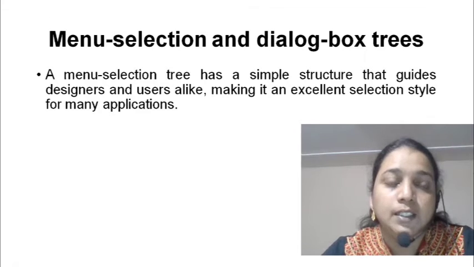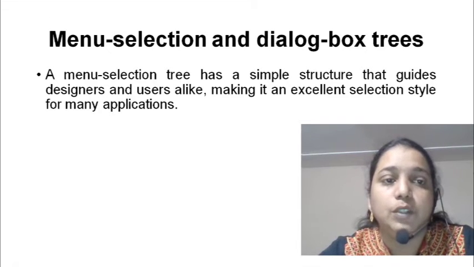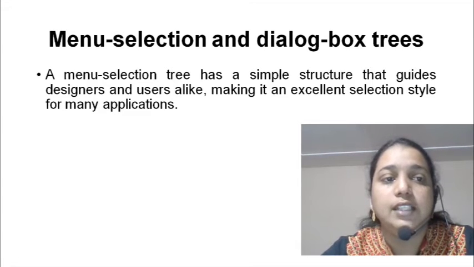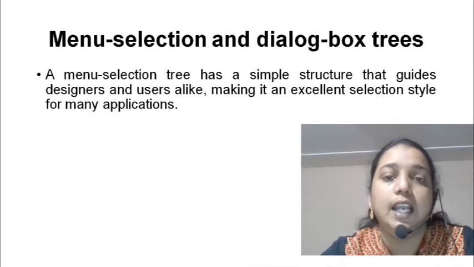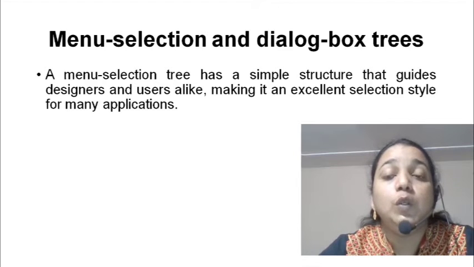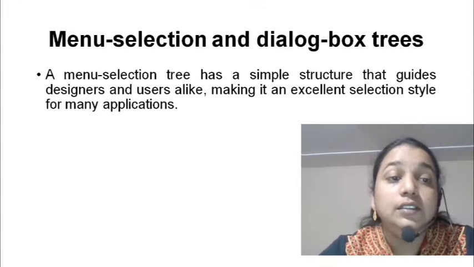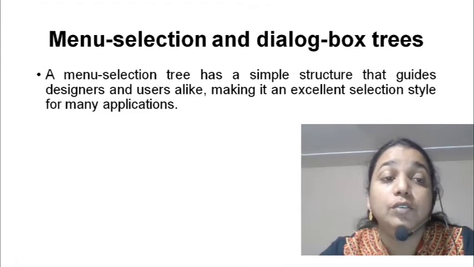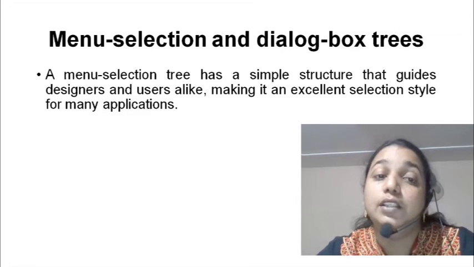Then we go to menu selection and dialog box trees. The next topic is menu selection and dialog box. The menu selection tree has a simple structure that guides designers and users alike. Whatever the designer is thinking, that same thought should be shared by the users.